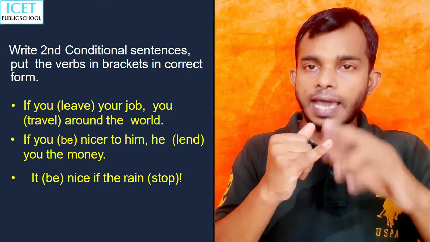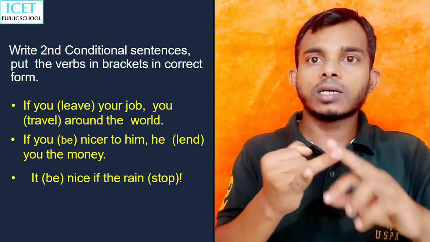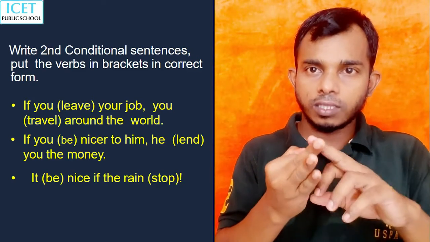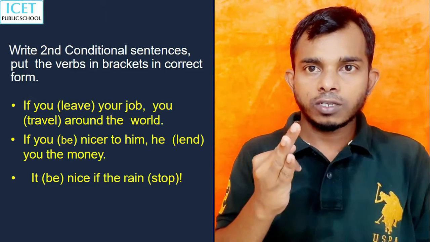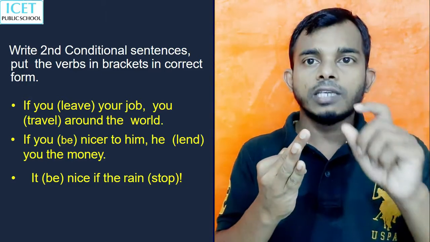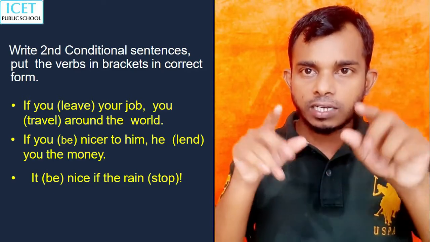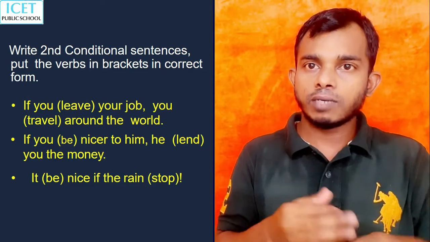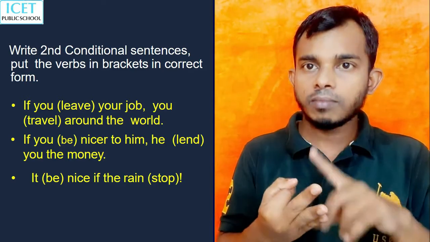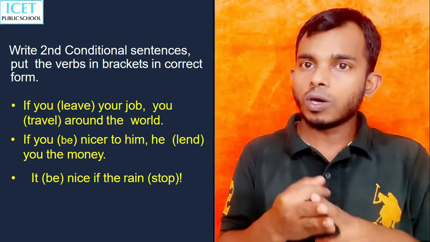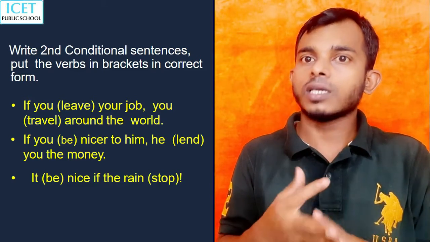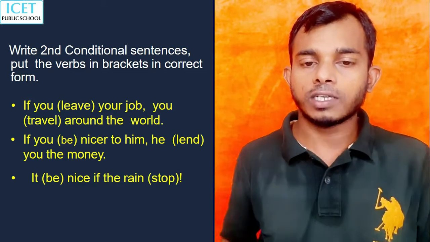Be means that am, it can be am, are, is. Okay, these all are called be. So the single name for all the three verbs is called be. So in bracket, if it is written be, sometimes it may be am, is, are, or was, or were, or being, or been, any form of that verb.